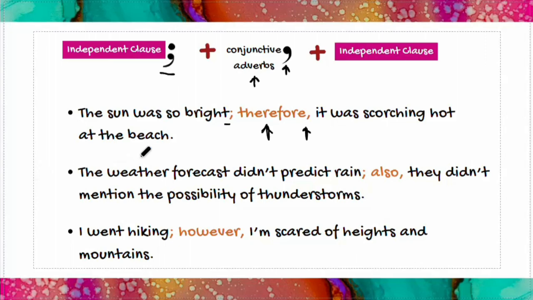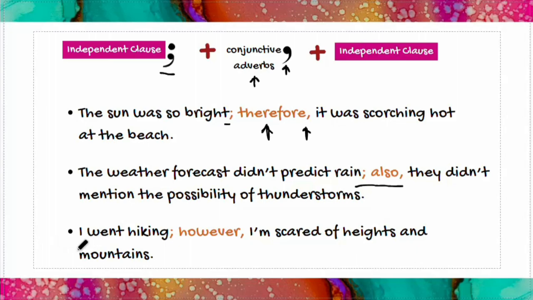Next sentence: the weather forecast didn't predict rain; also, they didn't mention the possibility of thunderstorms. So this is how you will use a conjunctive adverb to connect two independent sentences to make a single compound sentence.